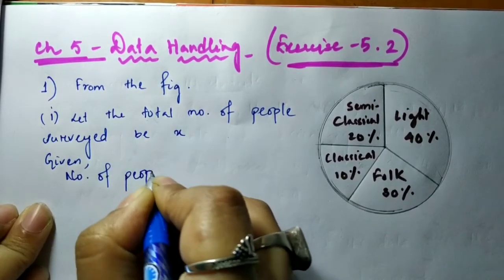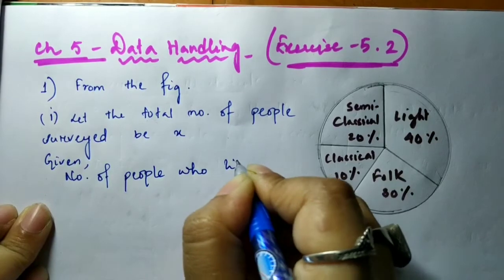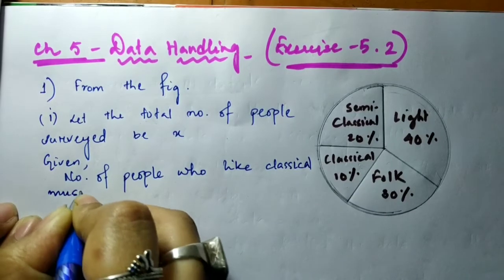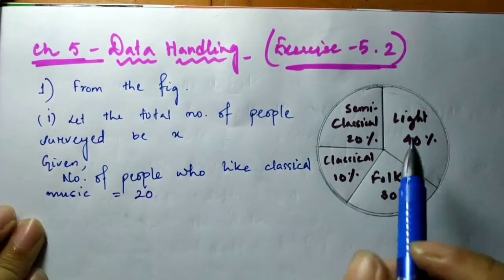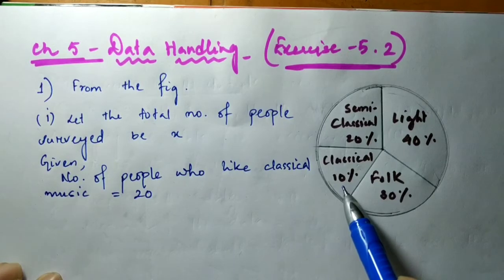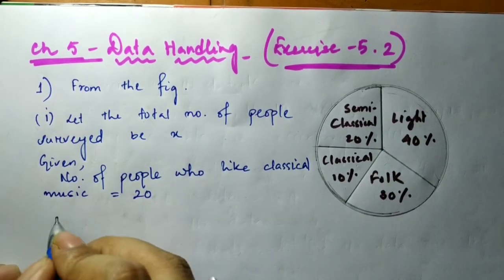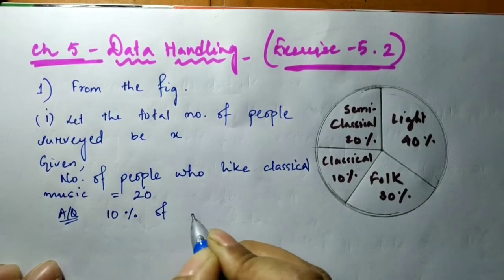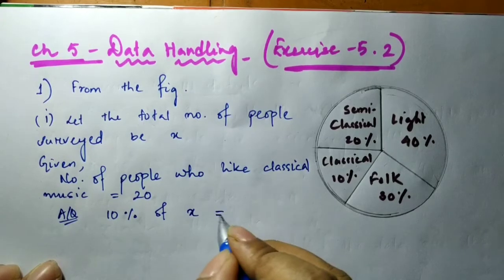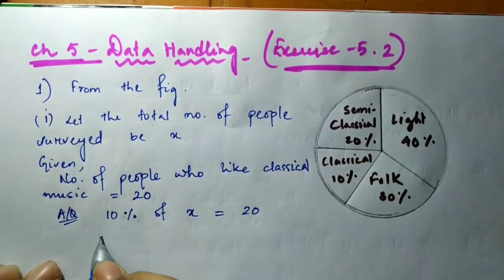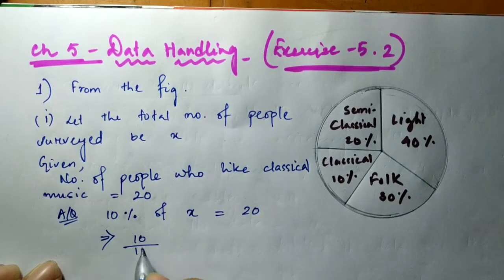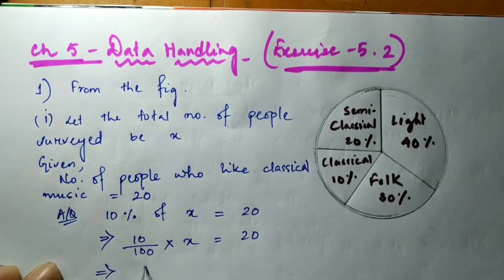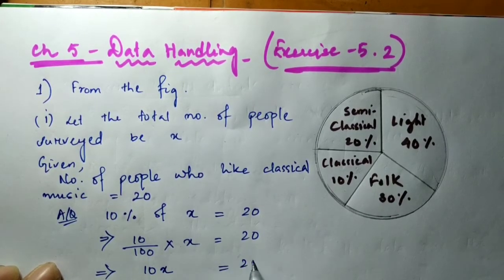Now it is given for the first question that the number of people who like classical music is equal to 20. Here we have seen classical music is equal to 10% of the total. So from the question, 10% of the total people, that is X, is equal to 20, that is the number of people. We solve this like an equation and we get 10X equals 20 into 100.